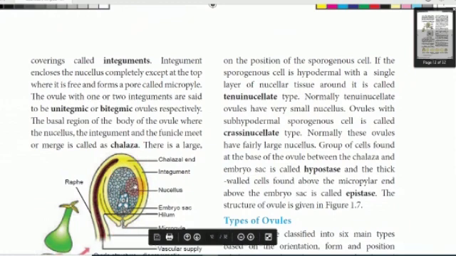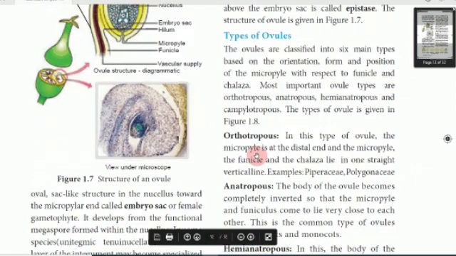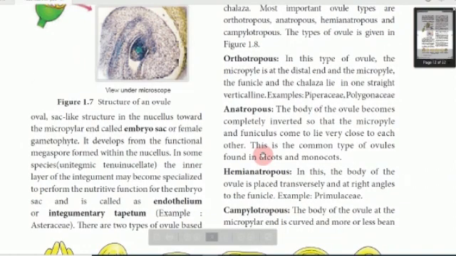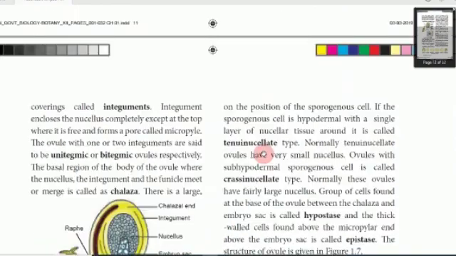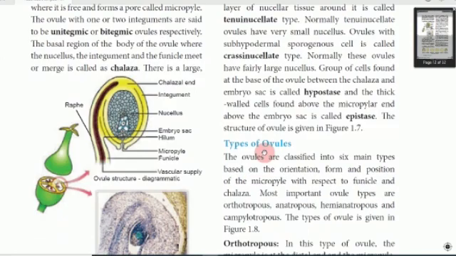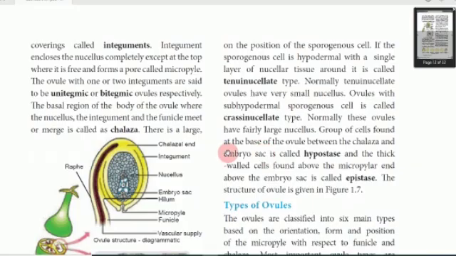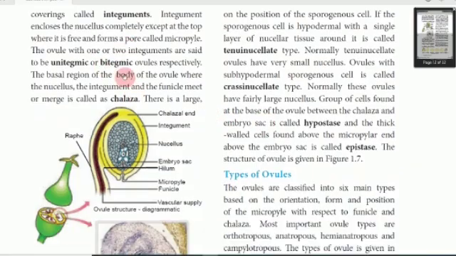So the integument surrounds the entire ovule and leaves one small space called the micropyle. The micropyle allows the pollen tube to send two male gametes inside the embryo sac. Okay.